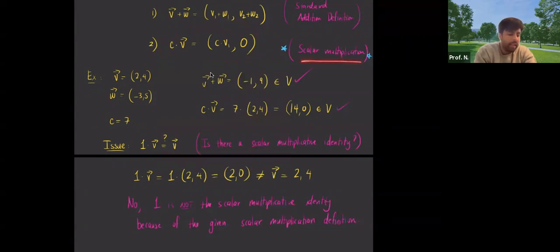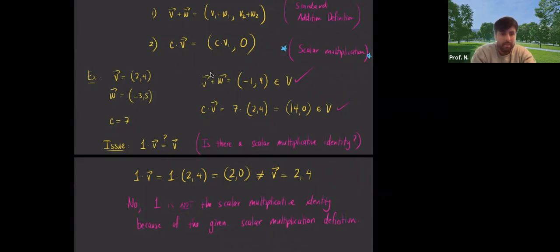Because I defined it in this very strange manner, the result is a set that has two operations, but is not a vector space.